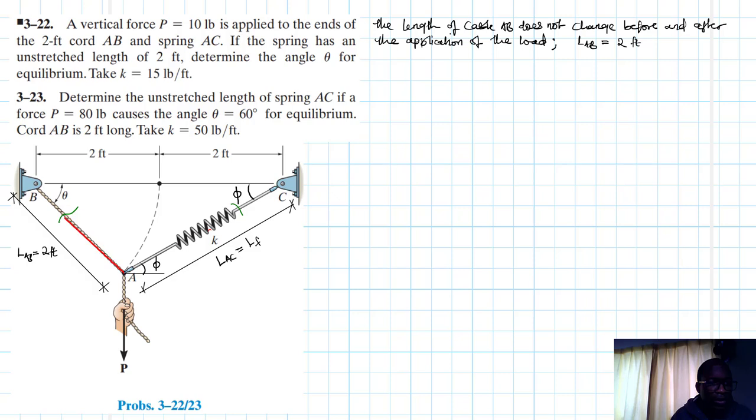We'll have one component like so, another component like so, and another, and another.